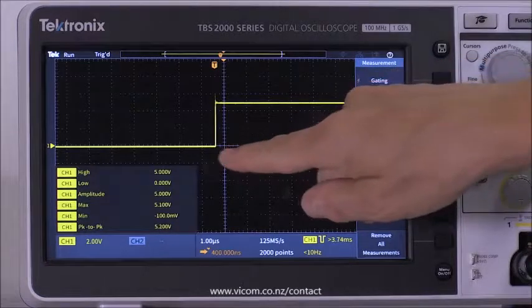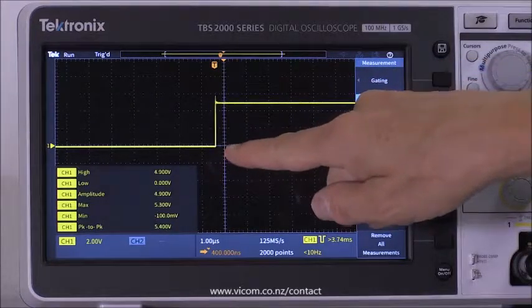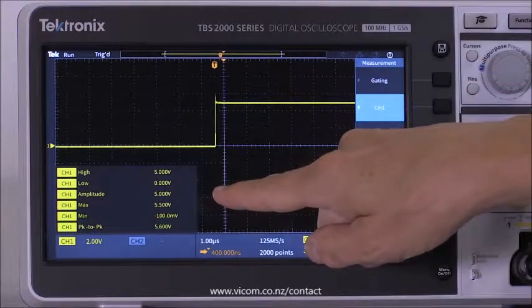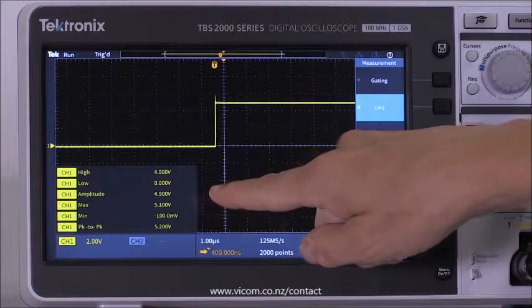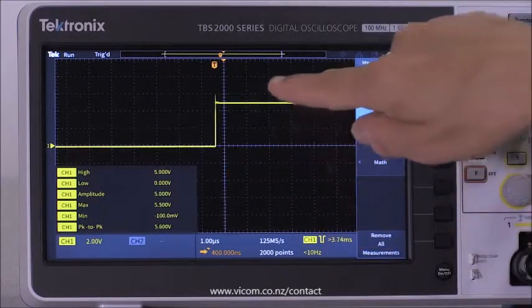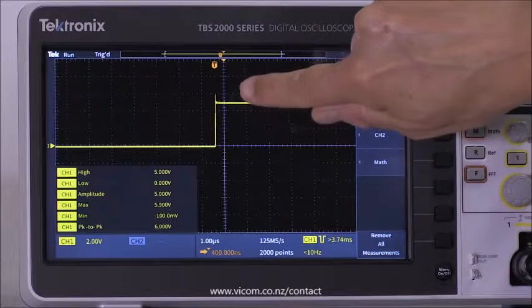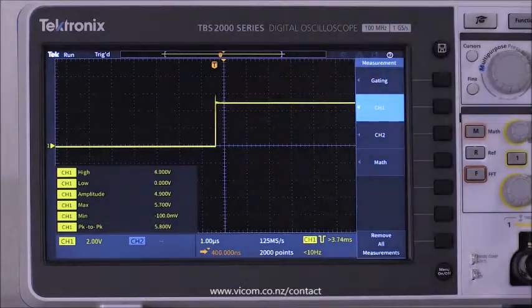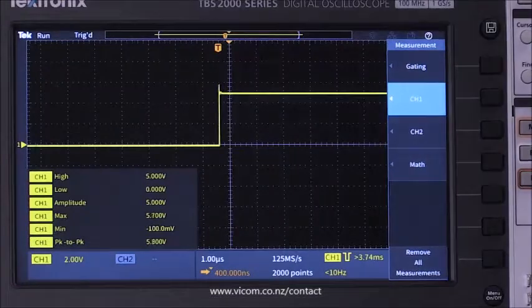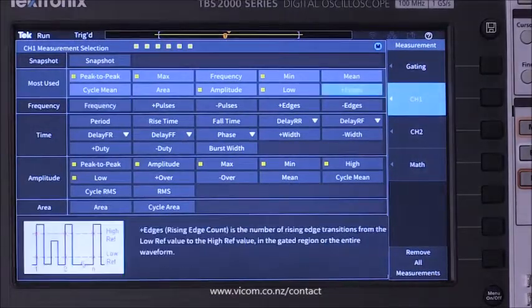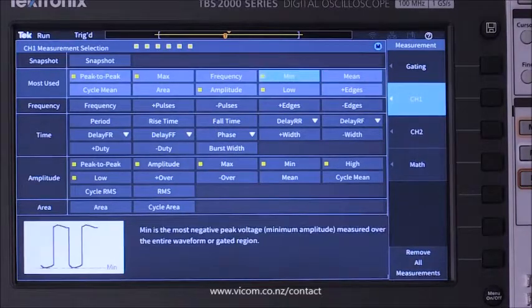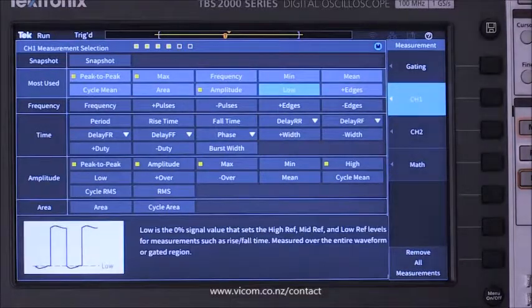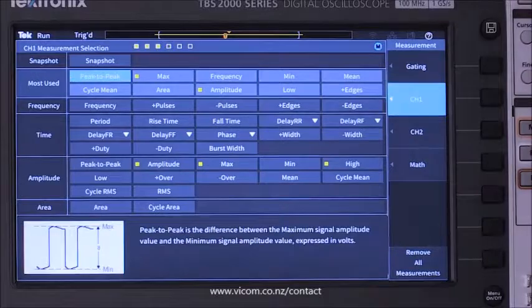Notice that the high measurement at 5 volts is different from the max measurement, which is closer to 6 volts. The big difference between those two measurements is this overshoot right here. We can use automated measurements to quantify overshoot. I'm going to turn off the min, the low, and the peak-to-peak measurements, because we won't need them.